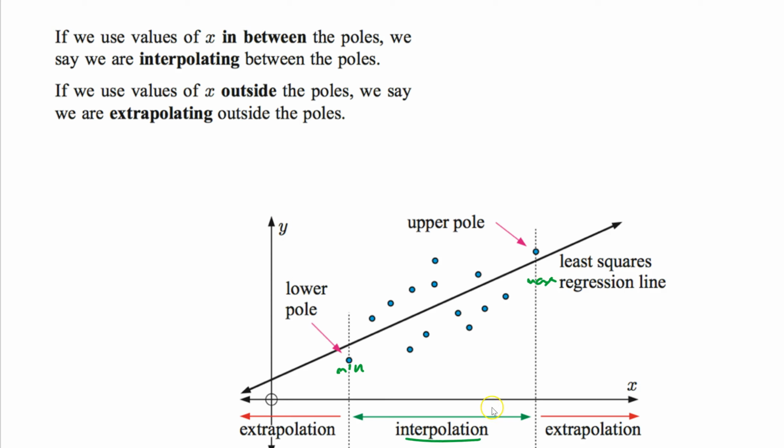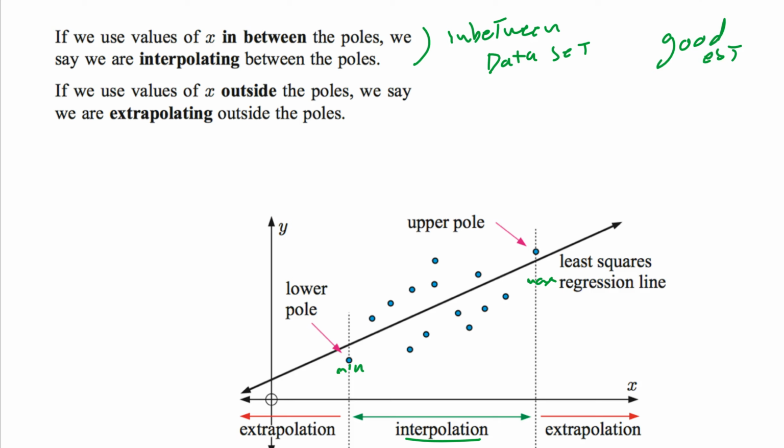Inter, so it's in between your data set. That's the one that's generally going to be a good estimate, because it falls within your data set. So it's going to be a good estimate.